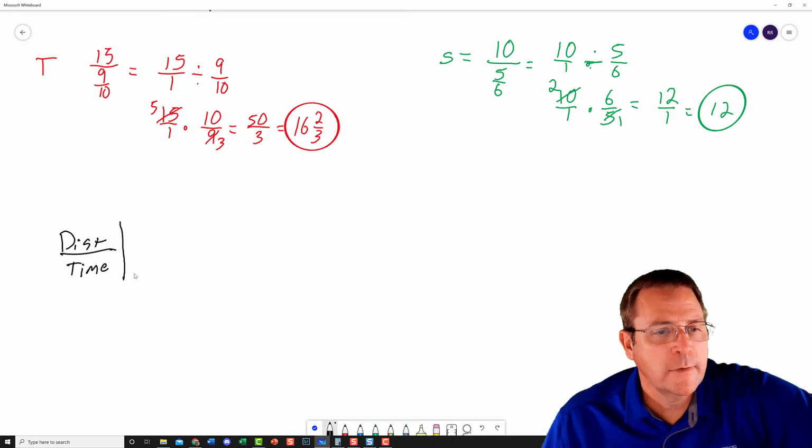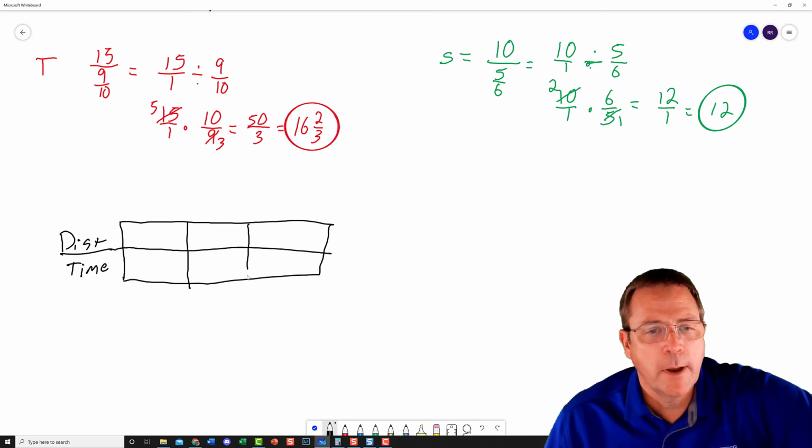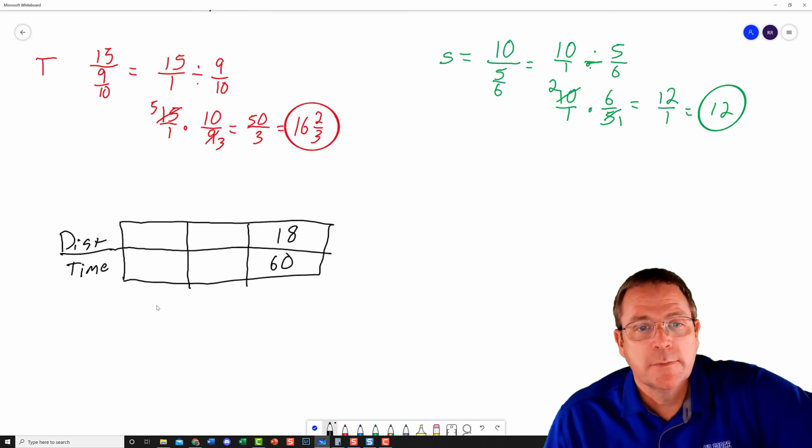So with that said, I'm going to make a 3-column table here, and in my last column I'm going to say that she will travel 18 miles in 60 minutes.